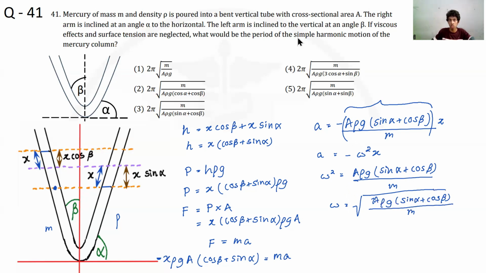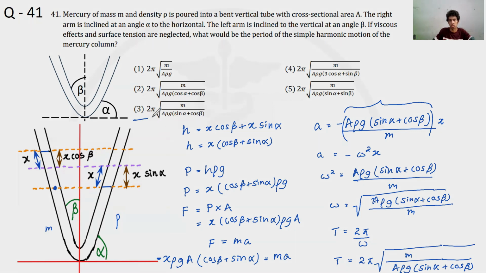They are asking for the period of the simple harmonic motion. Therefore, the period T is equal to 2 pi over omega. So T is equal to 2 pi into root m over A rho g (sine alpha plus cos beta). Accordingly, the correct answer is the third one.